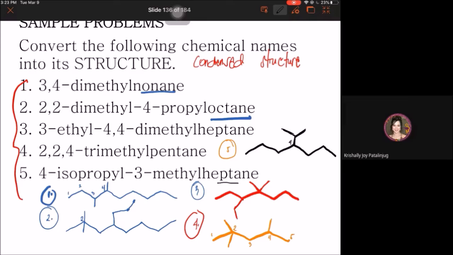Then, methyl on the 3rd carbon. So that would be 4-isopropyl-3-methylheptane.